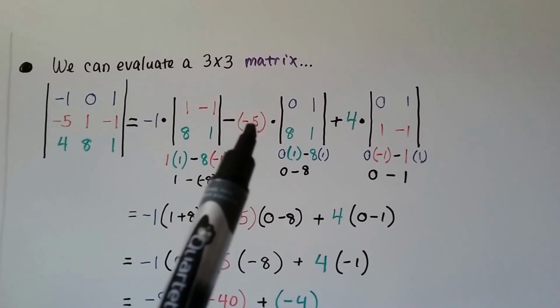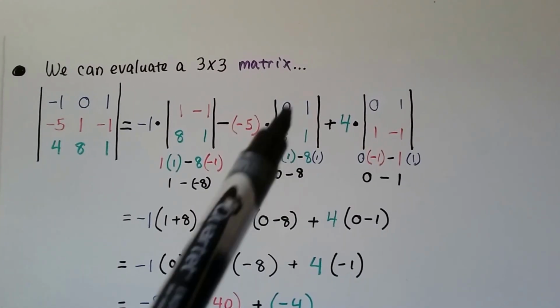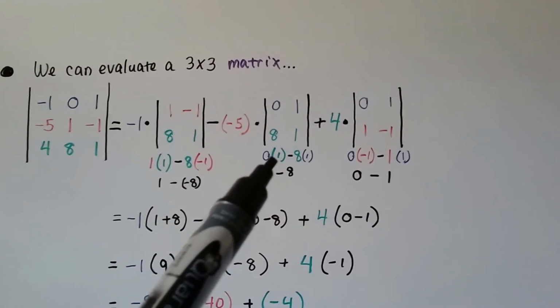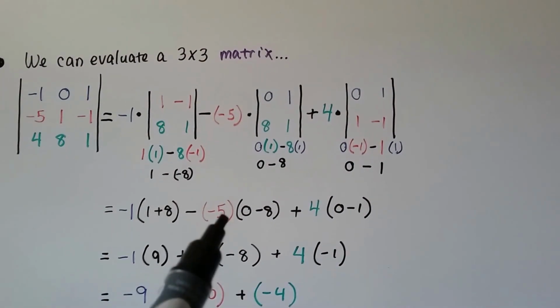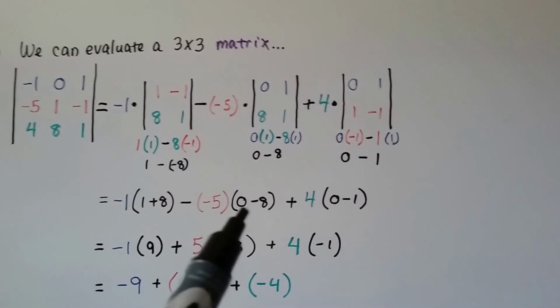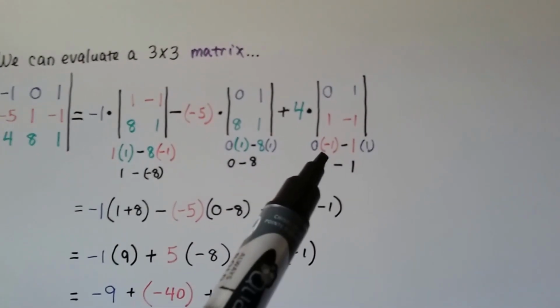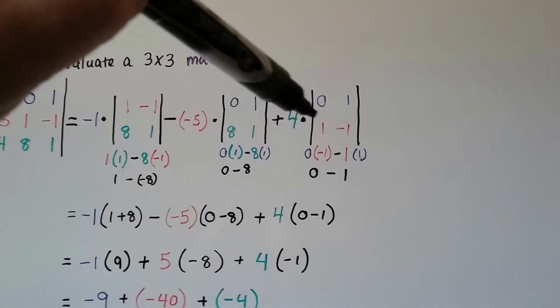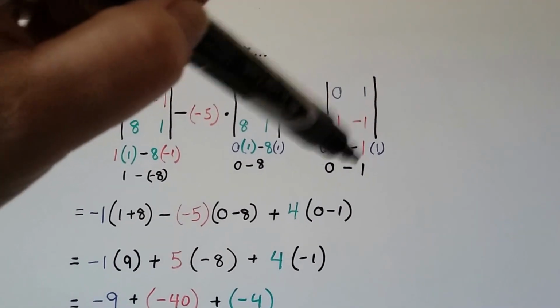Now we've got this -5 that we need to multiply to this. We need to find the determinant, so we do 0 times 1 and 8 times 1. We subtract and get 0 minus 8. We're going to multiply that to that -5. And then for this 4, we're going to do 0 times the -1, and we need to subtract that from 1 times 1, which is a 1.